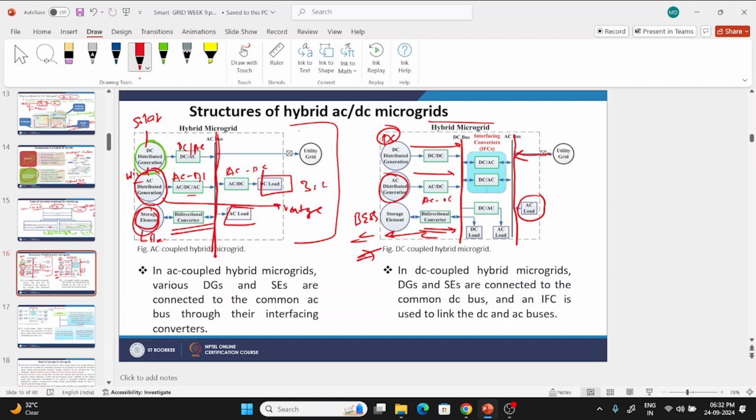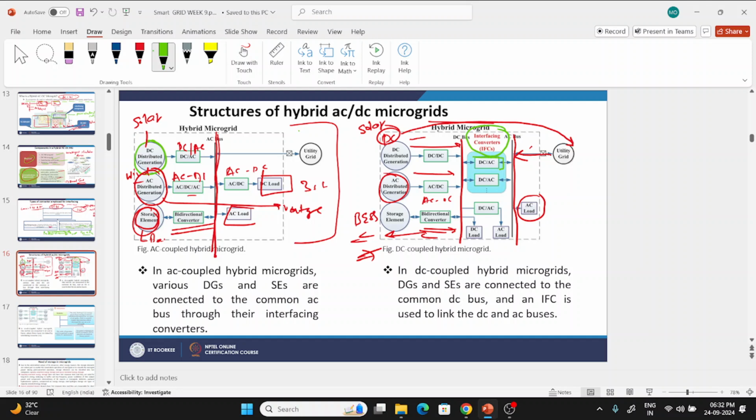But if we have to transfer the energy from DC to AC, like from DC to utility, say the DC source is solar, and assume there is excess solar power available, then we can use the interfacing converters.